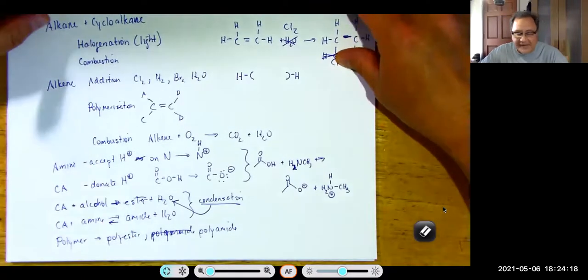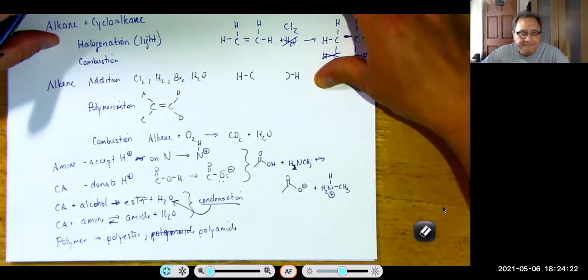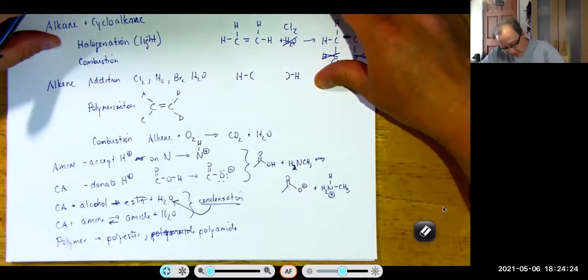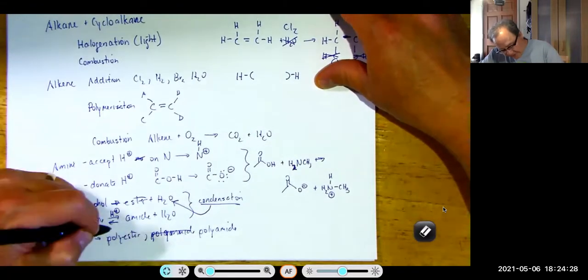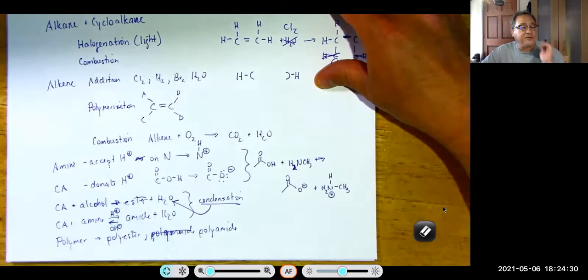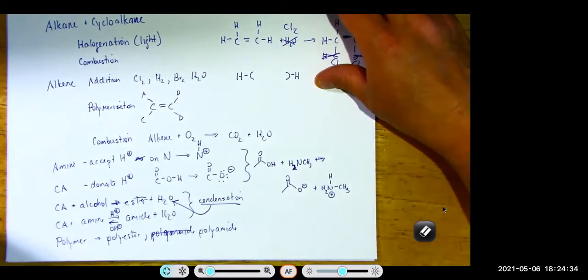Usually the forward is an acid catalyst and the reverse is a hydroxide catalyst. So here, usually this is the catalyst for the forward and this is the catalyst for the reverse. So to go from the ester and water to a carboxylic acid and alcohol, you need the OH catalyst?